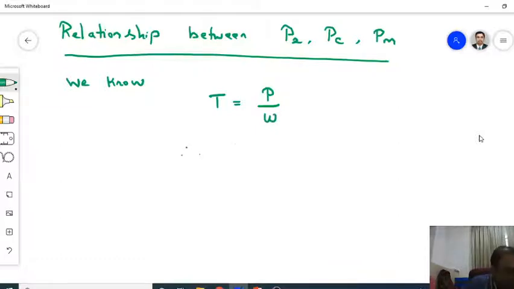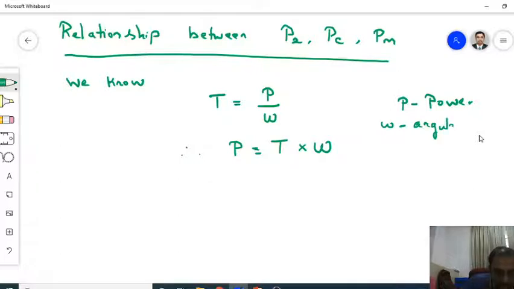Therefore, power equal to T into omega, where P is the power, omega is the angular speed.